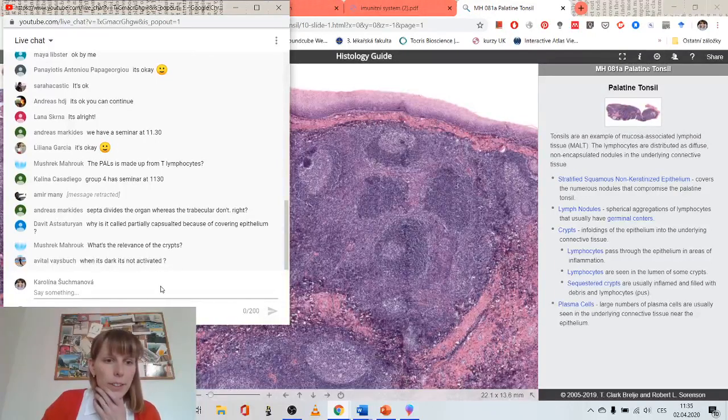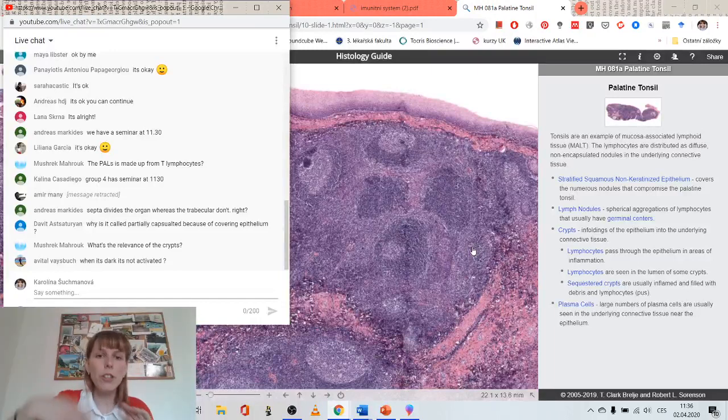So what's the relevance of the crypts? The next question. So you need to enlarge the surface of the organ, which is facing the outer environment.